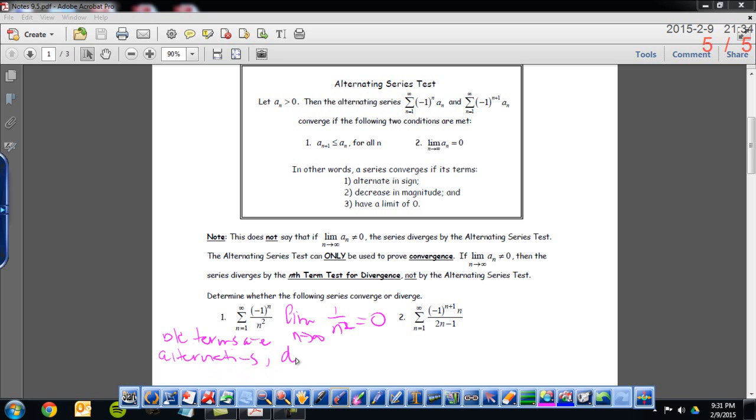decreasing in magnitude, and have a limit of 0, the series converges.